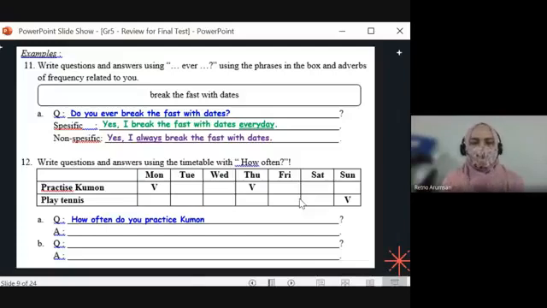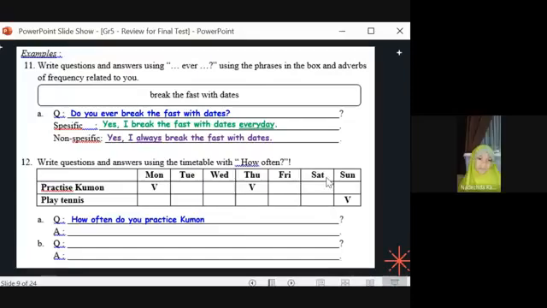If you have a timetable like this, the answer is always with specific adverbs of frequency, like that. So, what adverb of frequency can we use here, Desda? Twice a week. So the answer is I practice Kumon twice a week.